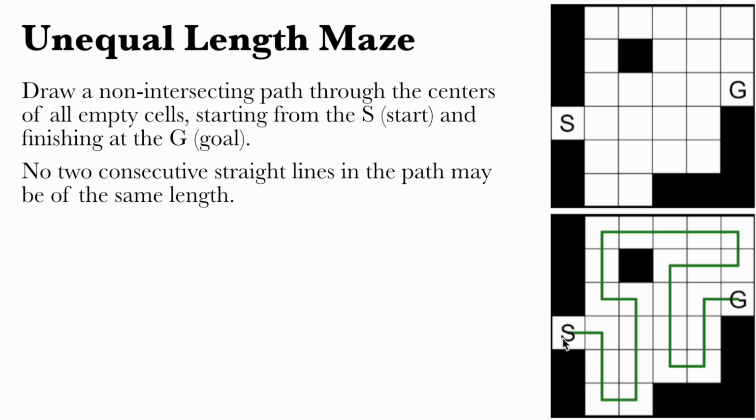You could also think of it as number of cells in the path, where this would be 2 and this would be 3. You'd get the same result. The important thing is that we have to change the length every time we turn. Every time we make a 90-degree turn, the next segment needs to be a different length. Those are the rules of Unequal Length Maze.